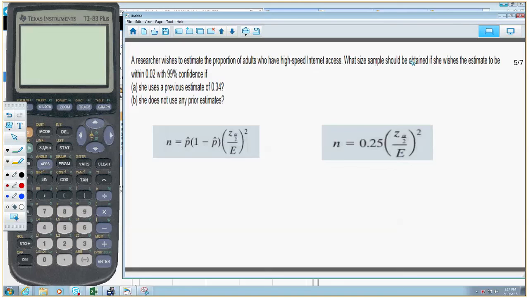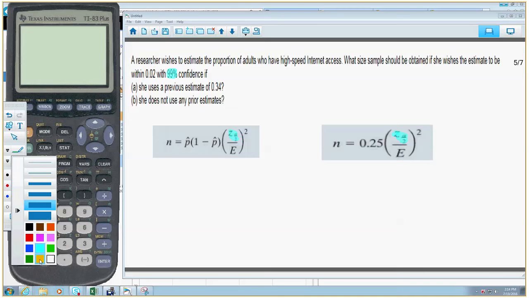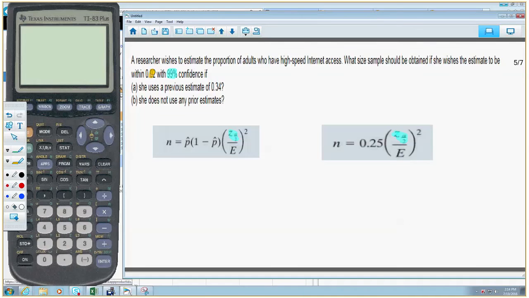I'm going to go through and highlight what we have. 99% confidence level, I'm going to highlight that blue, and that gives you your z sub alpha over 2. And E is error, and that's 0.02. I'm going to highlight it, and that goes here and here.